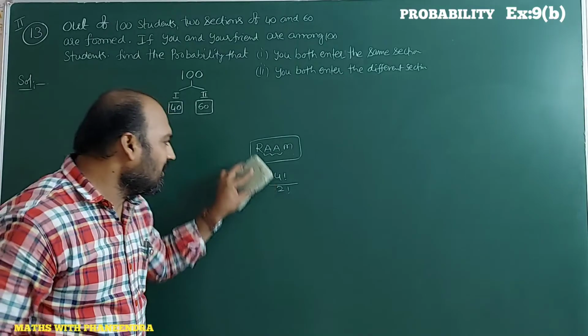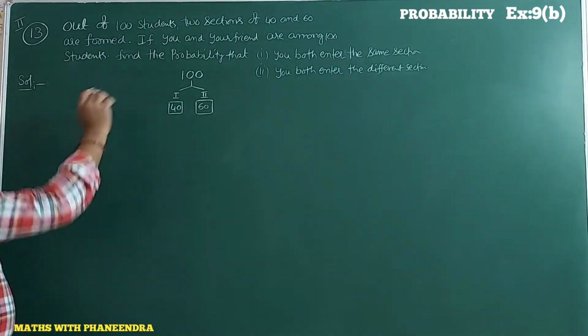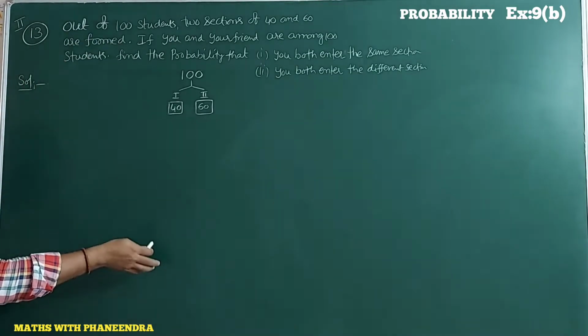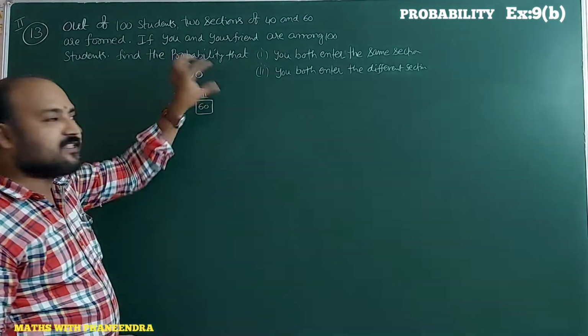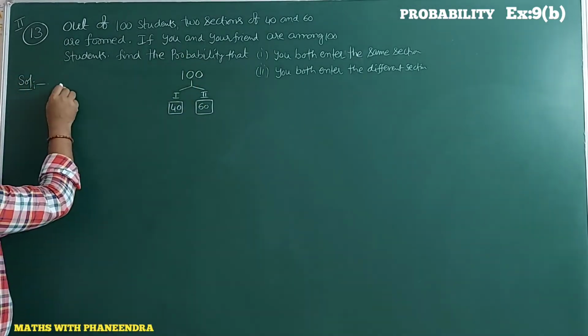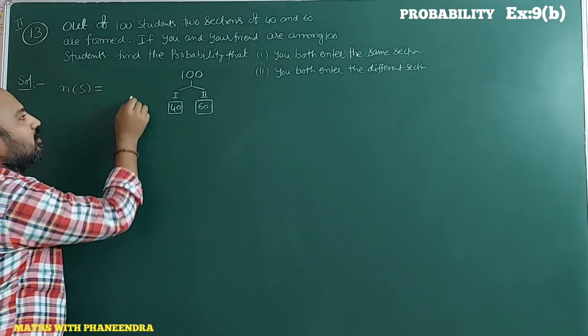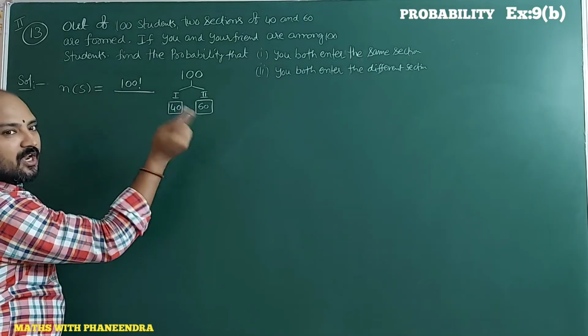So, similarly, total 100 persons are there. So, n of S, how to write? S is the sample space of 100 students. It can be divided into two groups, first section and second section. Total 100 students can be accommodated in 100 factorial ways. In that, two groups are alike.